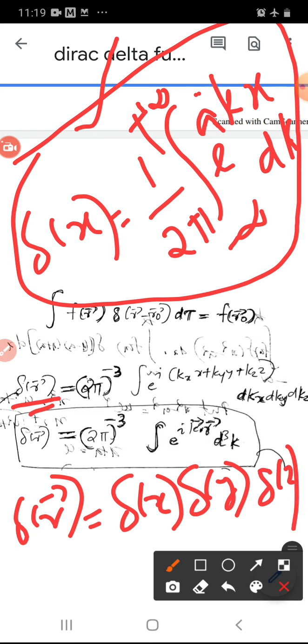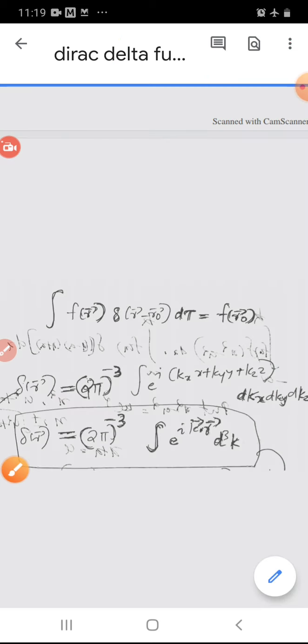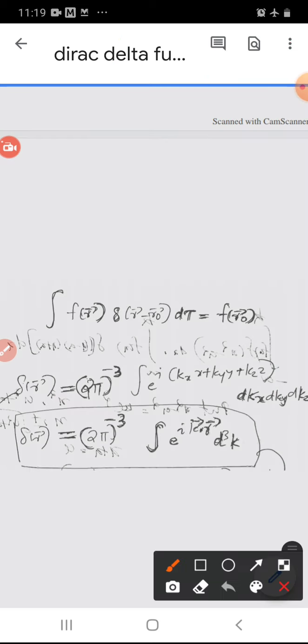As you multiply, and represent delta x, delta y, delta z in this form, what you have is 2 pi to the power minus 3 times the integral of exponential i (kx x plus ky y plus kz z) dkx dky dkz.